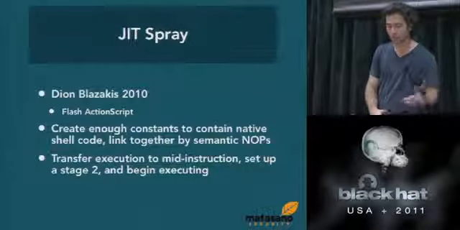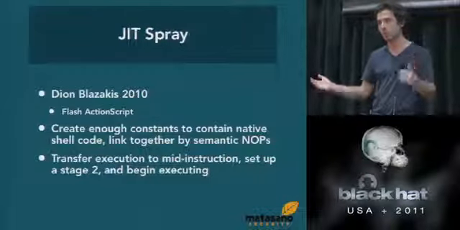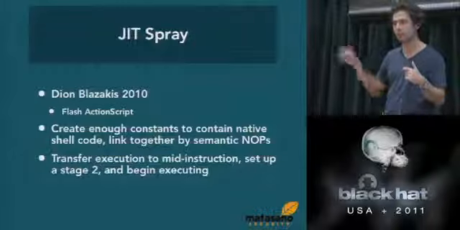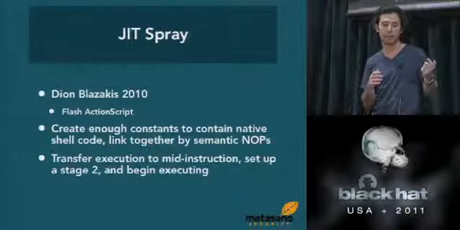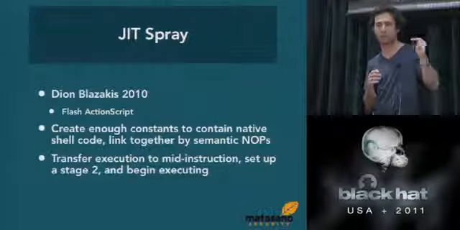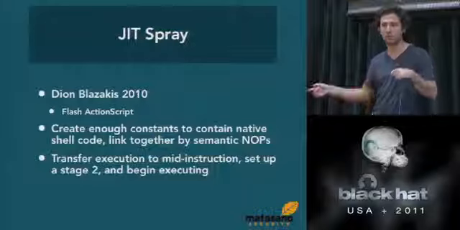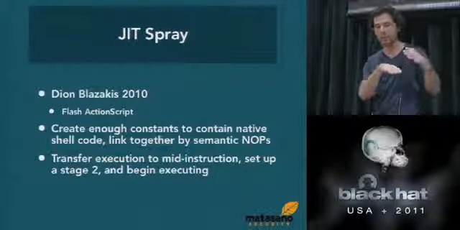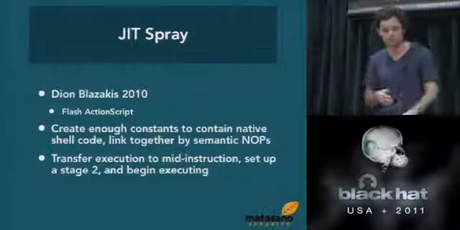So the basic idea of a JIT spray is you create a lot of code that uses a lot of constants, and the constants contain your shellcode. Then if you can change the instruction pointer and jump somewhere in the middle of your constant, you can have valid x86 instructions emitted in your final instruction stream, which can be joined together by semantic NOPs with the pieces left over from previous instructions.